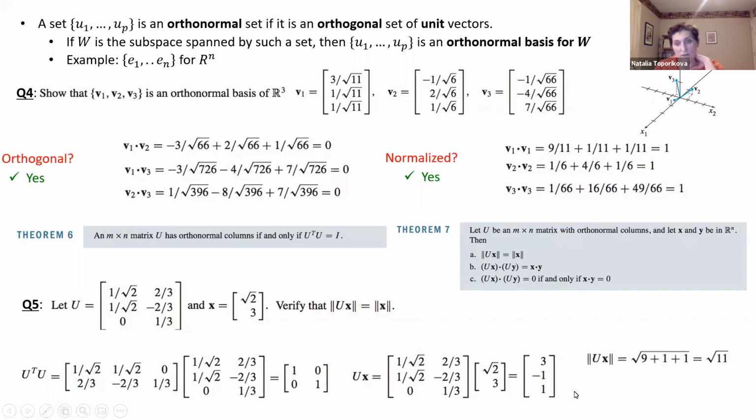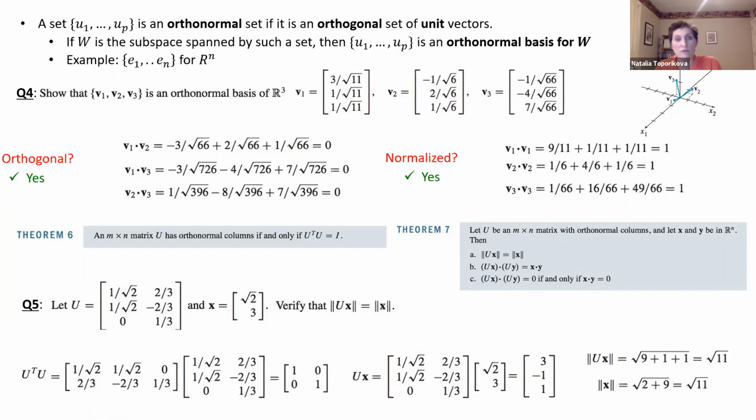Let's calculate our lengths. The length of Ux is the square root of 11. Now let's go back to our original vector x and calculate its length, also the square root of 11. So it does seem that our matrix U is orthonormal, and our first property holds.